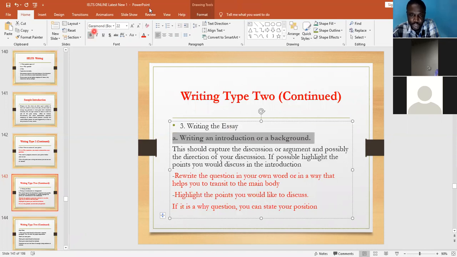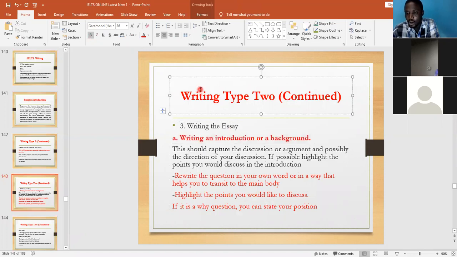This was a sample introduction I wrote in the last class, but some of us were not around, so I want to go back to that introduction before we move on today.